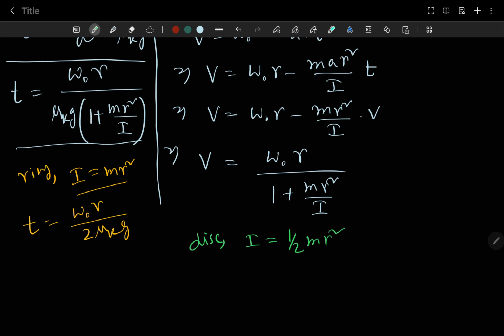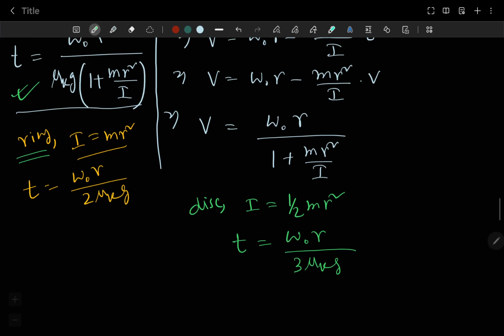So both of them from this equation. For the ring in place of I I have placed m r square. For the disk I am putting half m r square. So it will be 1 plus 2, that is 3, omega 0 r by 3 mu k g. Okay, so it's very clear which one is smaller. For the ring let's call it T1 and for the disk let's call it T2.